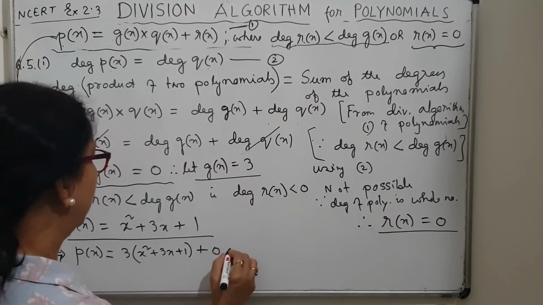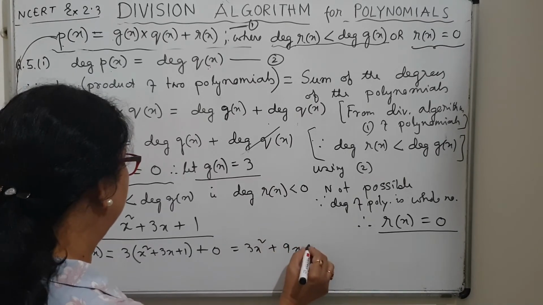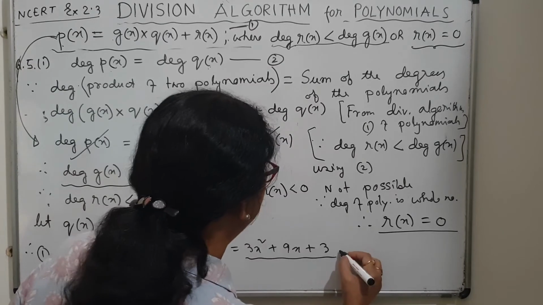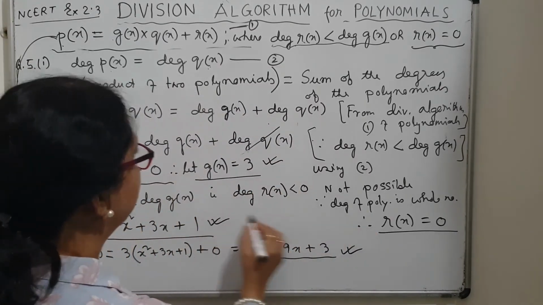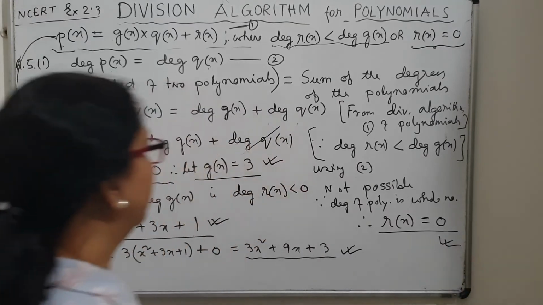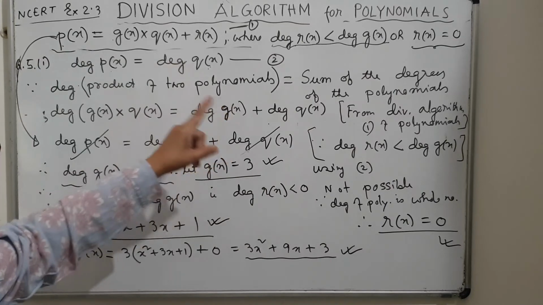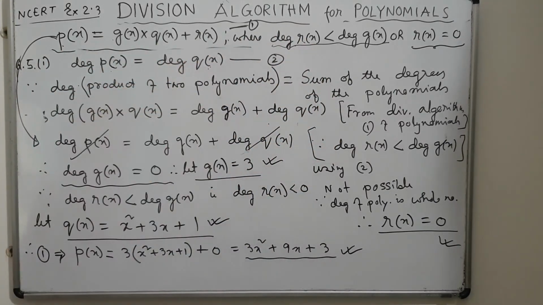So it is 3x square plus 9x plus 3. So these are the examples: p(x), g(x), q(x), and lastly r(x). So I have given you an example of 4 polynomials which satisfy the division algorithm as well as this given condition.